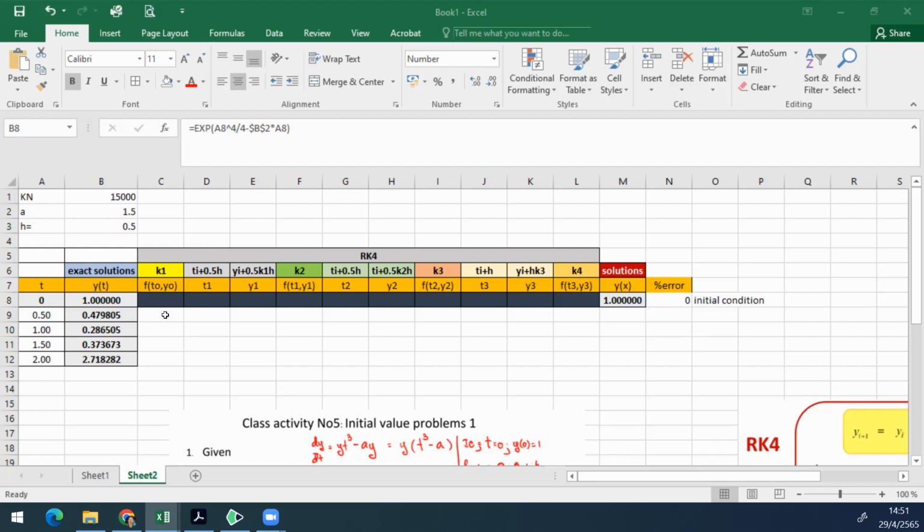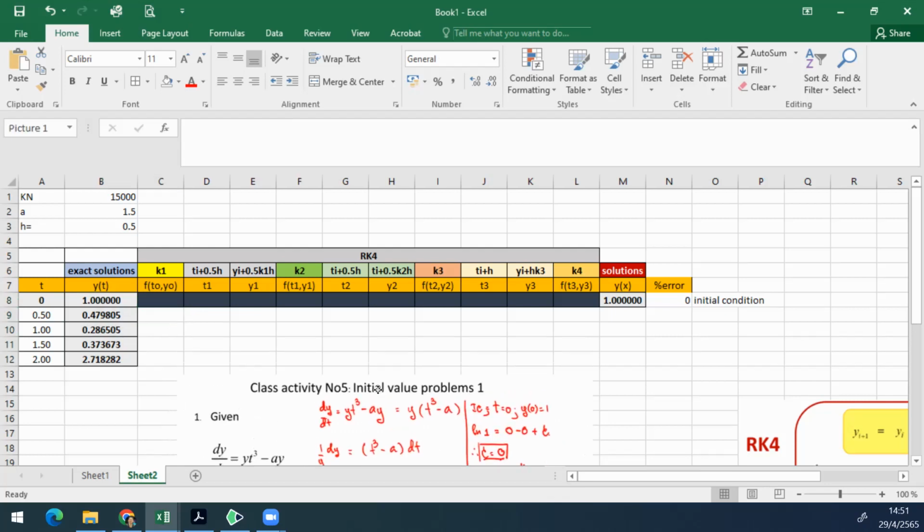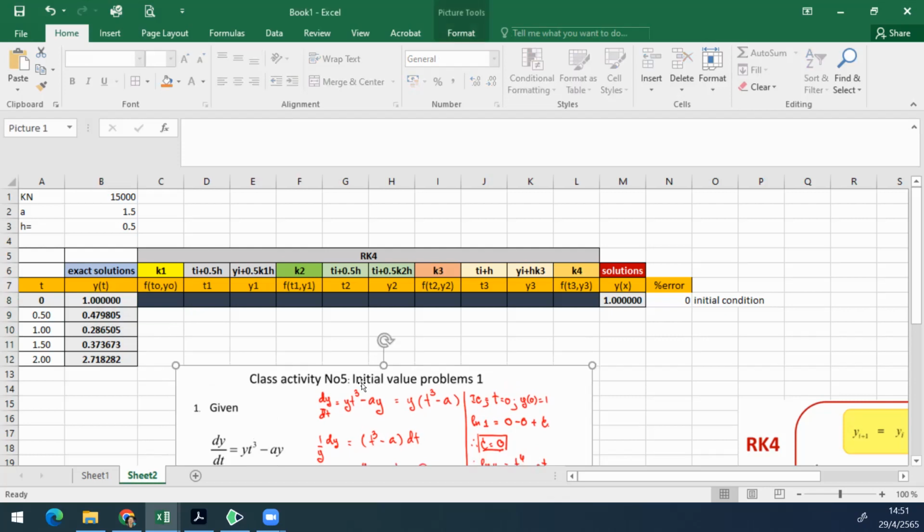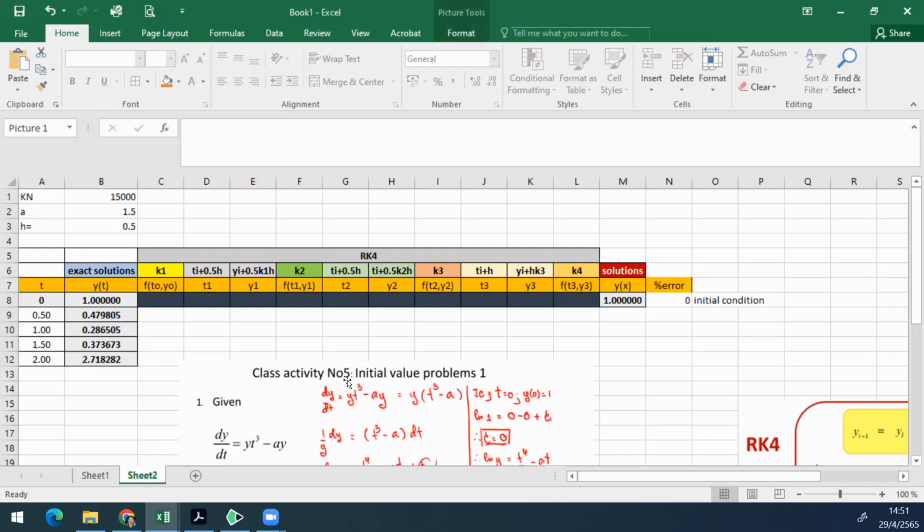So for this case, K1 is equal to what? In this case, we have the function y t power 3 minus a y, right?